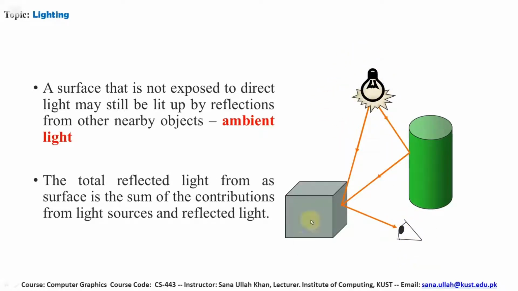This object is not directly lit by the source, but the source light is reflected by this object and then reflected to the other object. After that, the viewer can see these objects. So it is the combination of some source light and some reflected light that makes the object visible to the user.